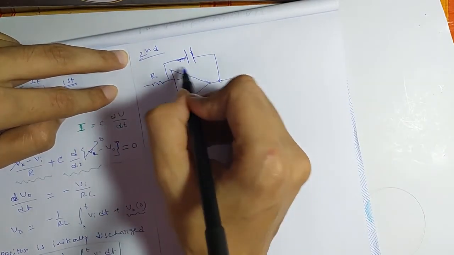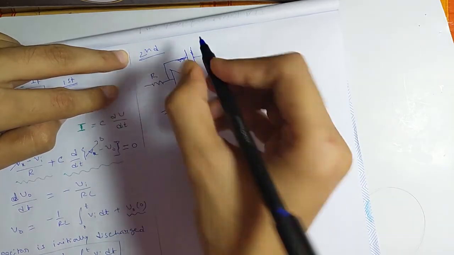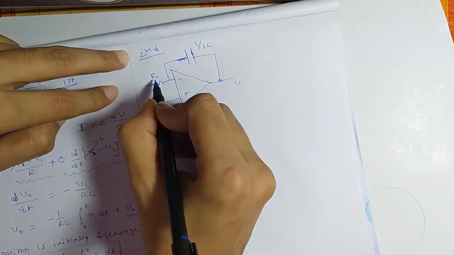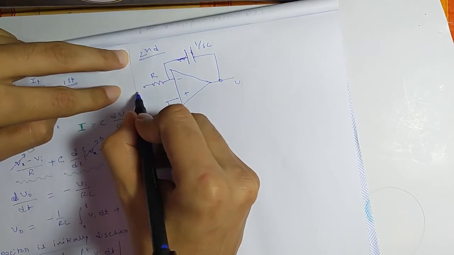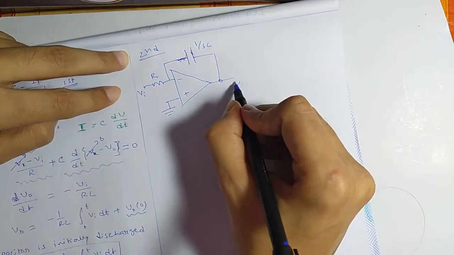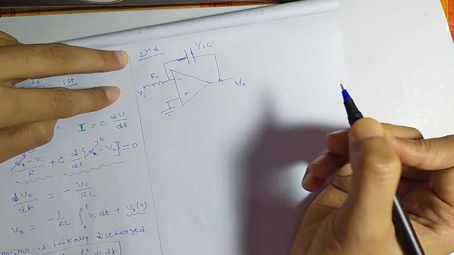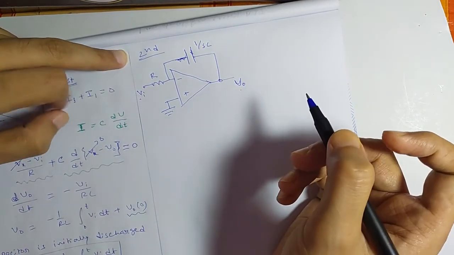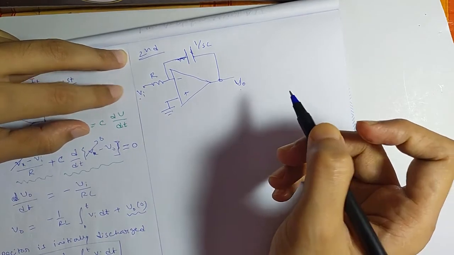So the capacitor in the Laplace domain, equivalently we can write, is 1 by SC, R will be R, and Vi will be capital VI, Vout will be capital VO. So these VI, VO are the Laplace domain voltages.